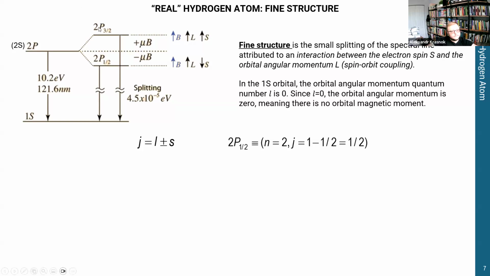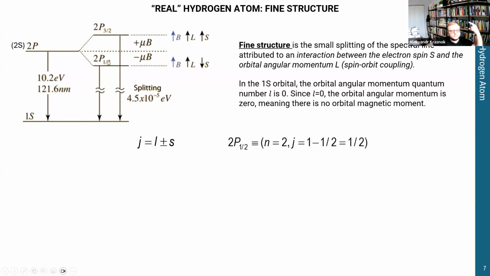So the notation is like 2p 3/2, right? This 2p corresponds to the main quantum number 2, L equals 1, and this 3/2 is simply 1 plus 1/2: the orbital momentum 1 plus 1/2 from the spin.